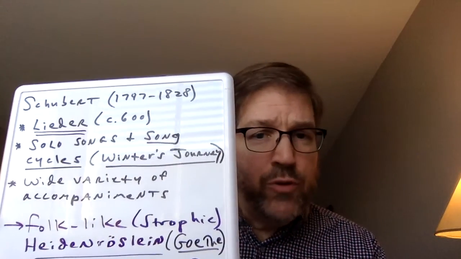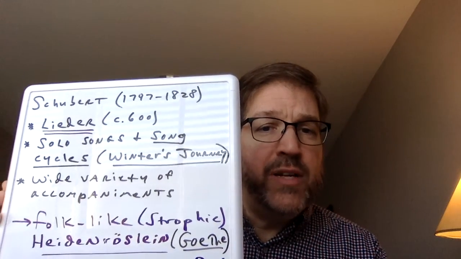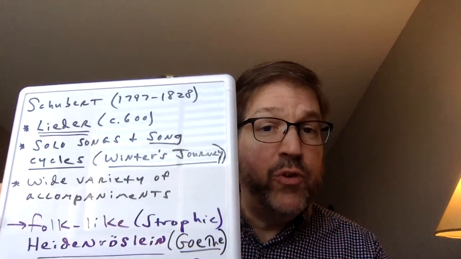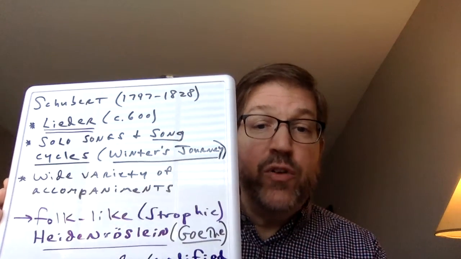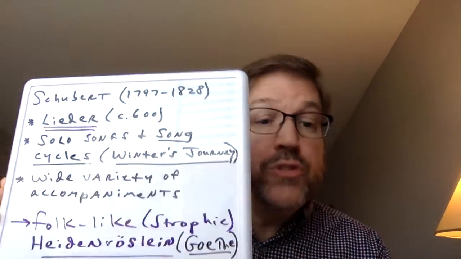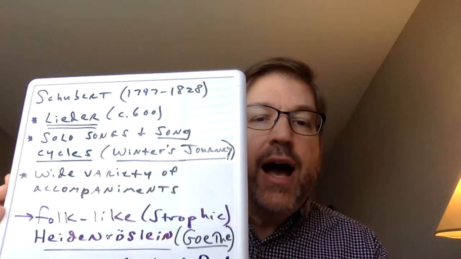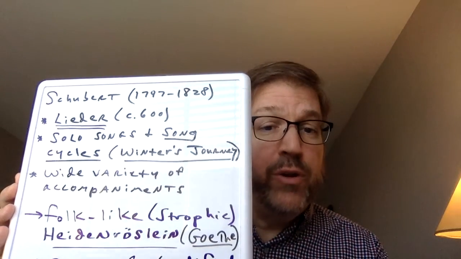So we've talked about strophic form going all the way back to the Middle Ages and the troubadours and trouvères, but again, it just means you've got multiple verses of text with the same music for each verse. This song called Wild Flower, or Wild Rose, Heidenröslein, uses poetry by arguably Schubert's favorite poet of all, Johann Wolfgang von Goethe.